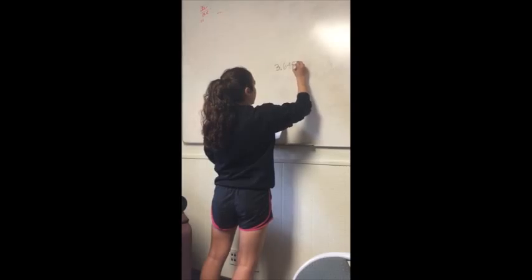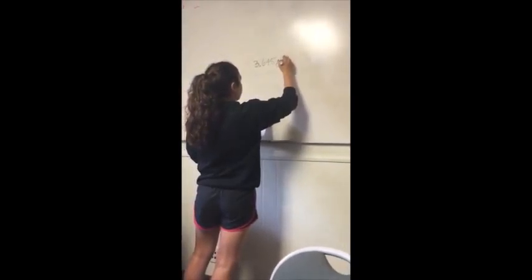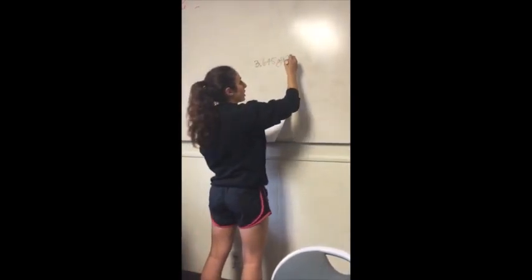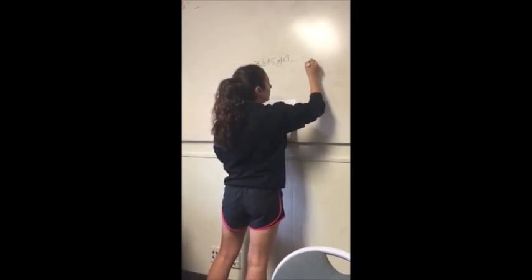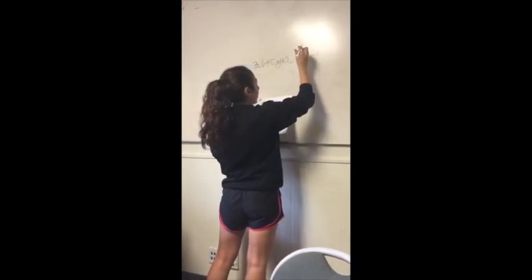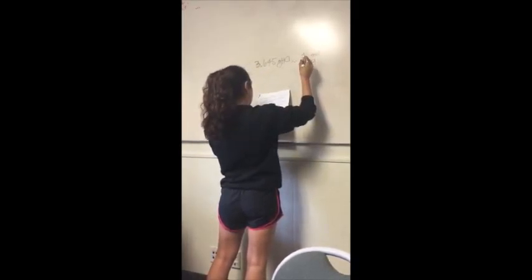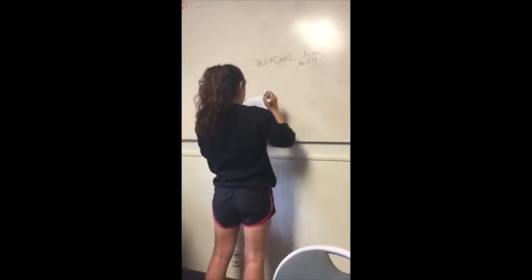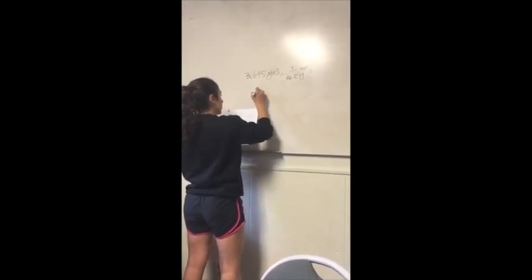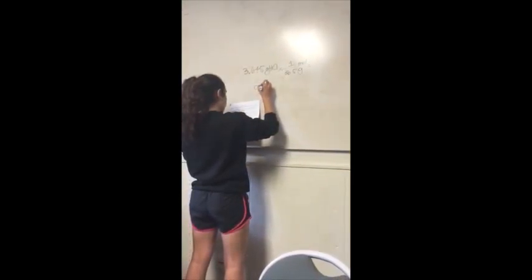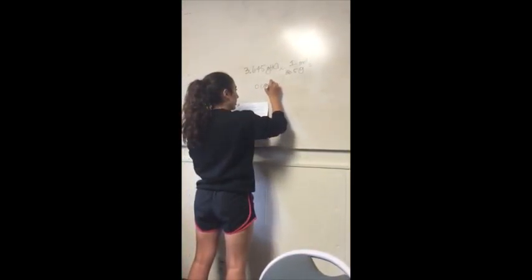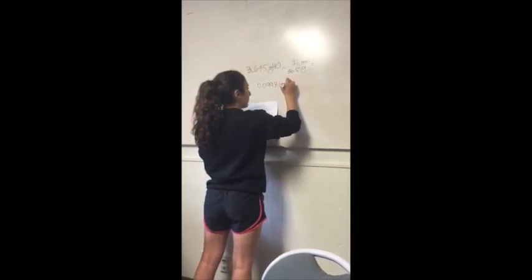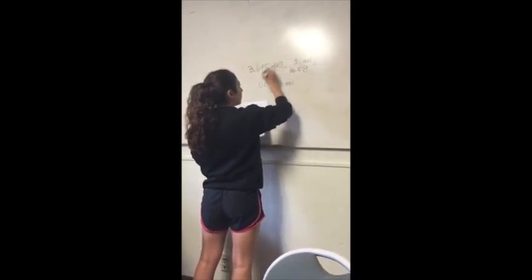3.645 grams of HCl. So you're going to change that to moles using the molecular weight of HCl, which is 36.5 grams. So the answer you're going to get for the moles is 0.09986 moles. Cancel.